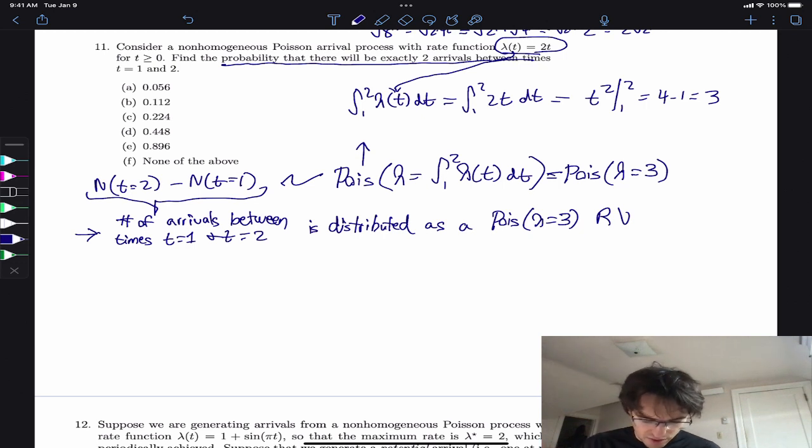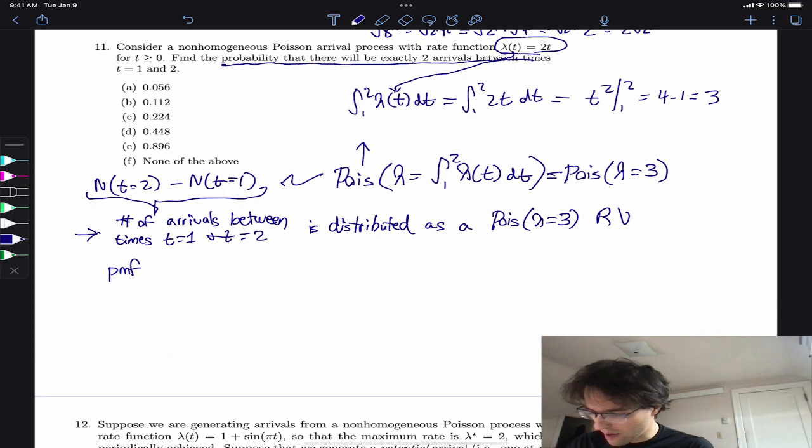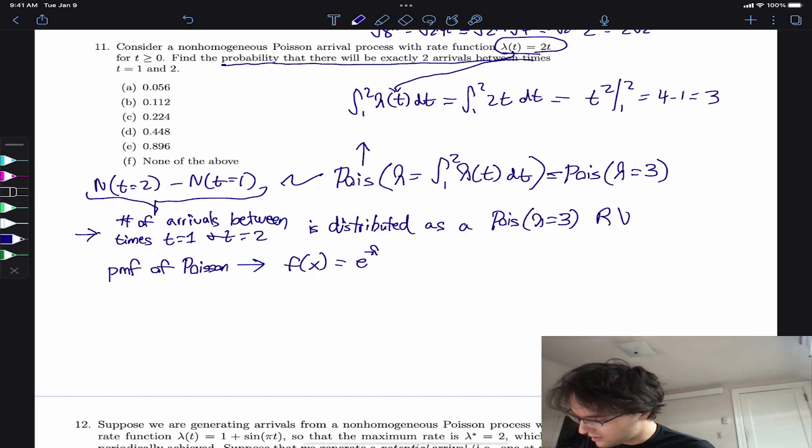Recall that the PMF of the Poisson is f of x equals e to the negative lambda times lambda to the power of x divided by x factorial.